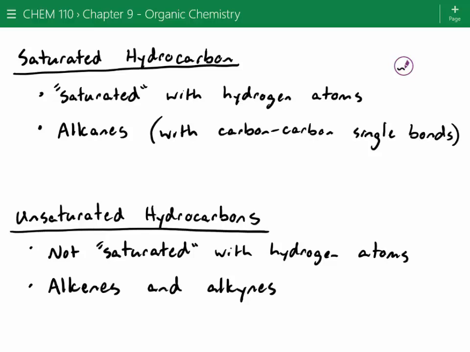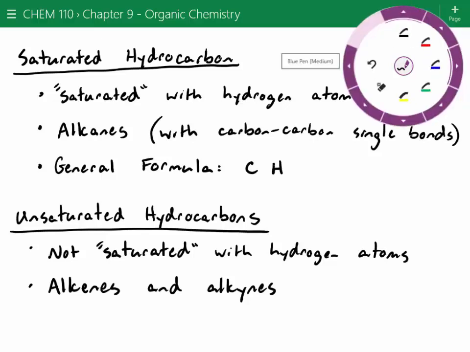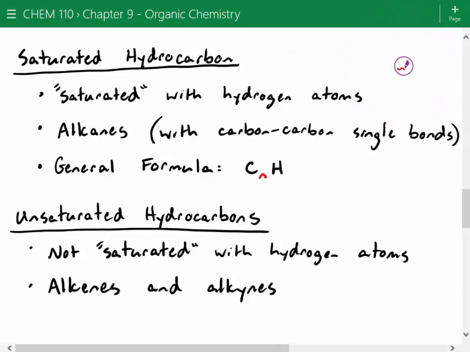Another cool trick you can do is you can think about saturated hydrocarbons in terms of a formula. They're always going to have carbons and hydrogens, so I'll do C and H. And then what I'll do is I'll label this C_n, and then how many hydrogens would we have to have?